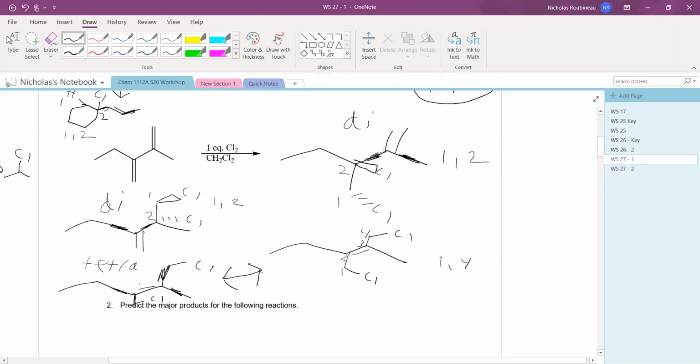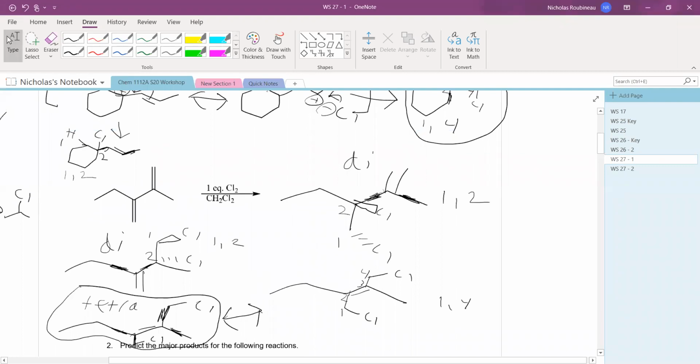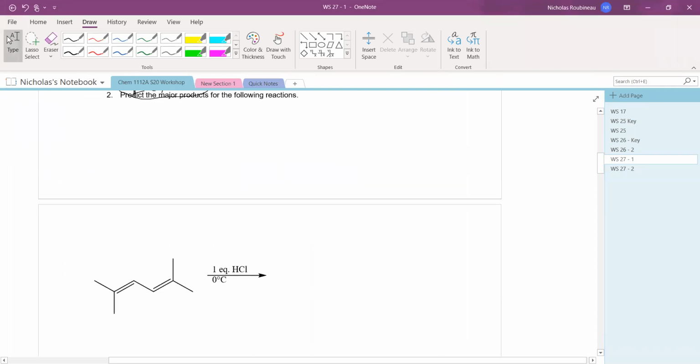So this, which is the same as that one, has 4 substituents compared to 2, so it's more stable. So yeah, just remember more substituents on an alkene makes it more stable, and it's the same idea for a radical or a cation, so that's an important concept to remember.